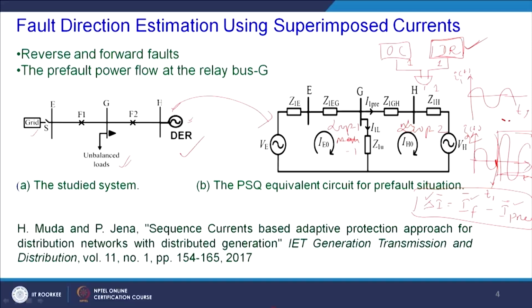And where do we have to calculate it? At this relay location, and if you look, the relay is located at bus G. This is the directional relay location, and at that location we are going to calculate this delta I, that is IF minus I pre. So, our target is to calculate this IF and I pre.